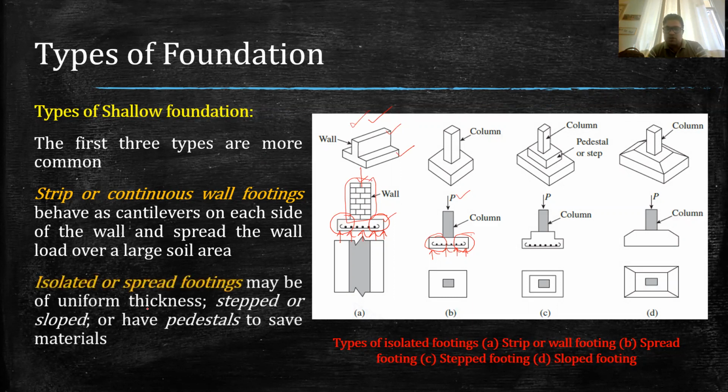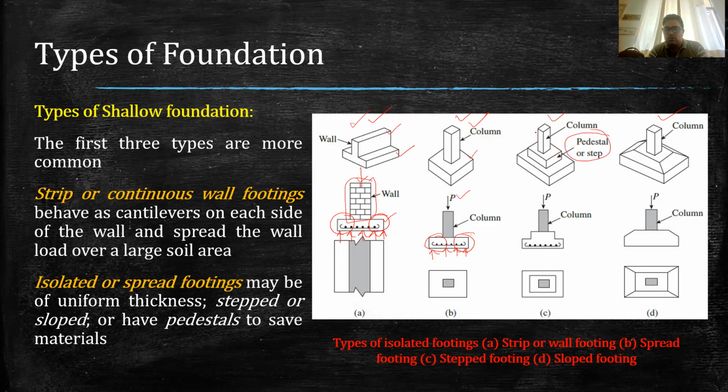Similarly, we have isolated footing. These three are the categories of isolated footing. This is the simplest form where we have a column resting on this foundation. Similarly, sometimes we use stepped footing, which is also called the pedestal.